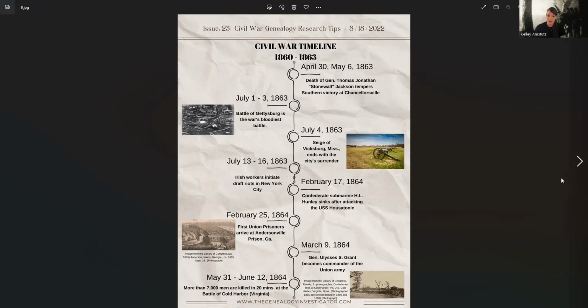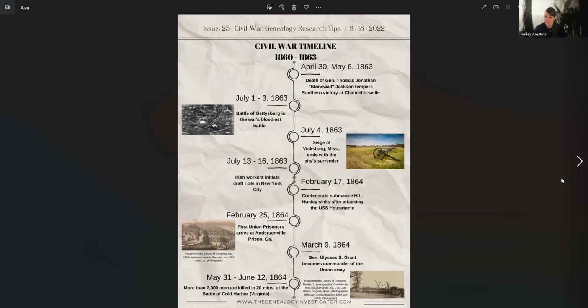I'm sorry, that is a graphic picture too, so I do apologize, but I wanted to bring it all home. The siege of Vicksburg, Mississippi ends with the city's surrender July 4th, 1863. Irish workers initiate draft riots in New York City, July 13th through the 16th, 1863.